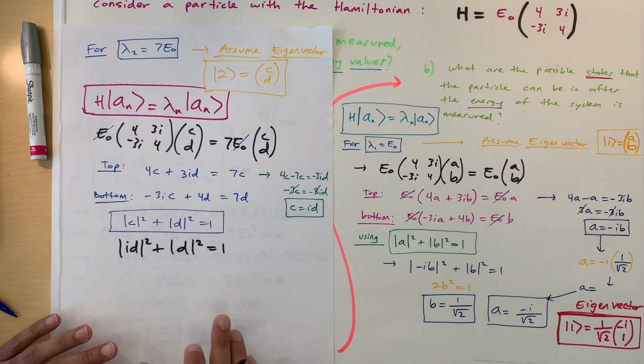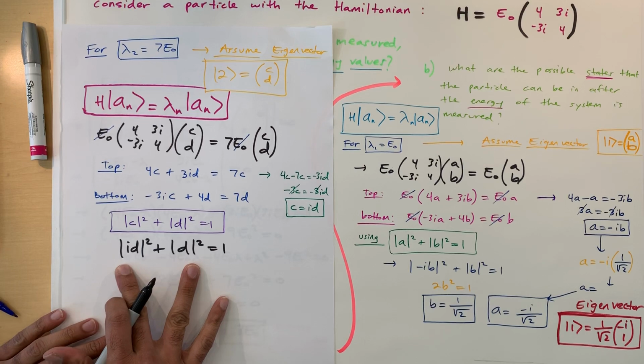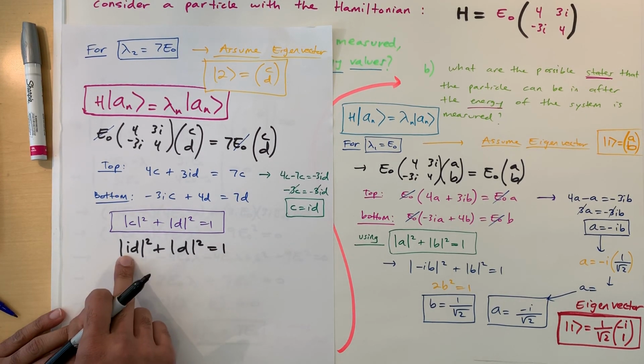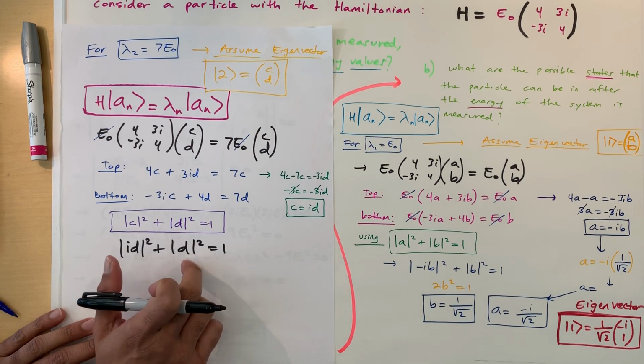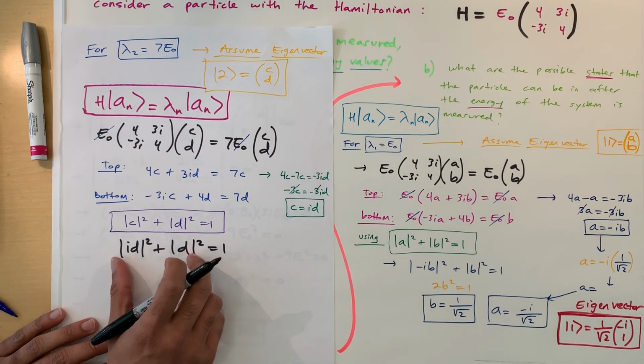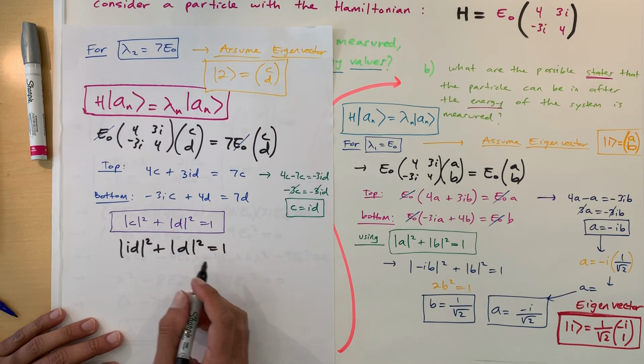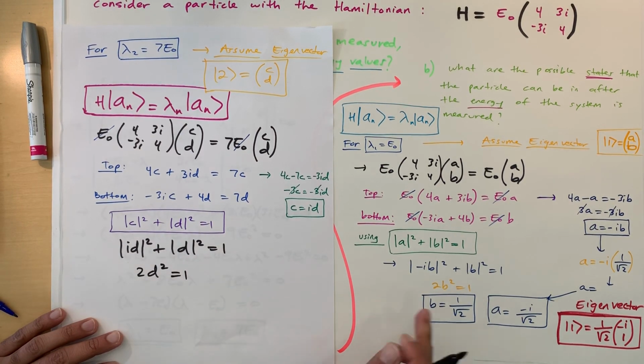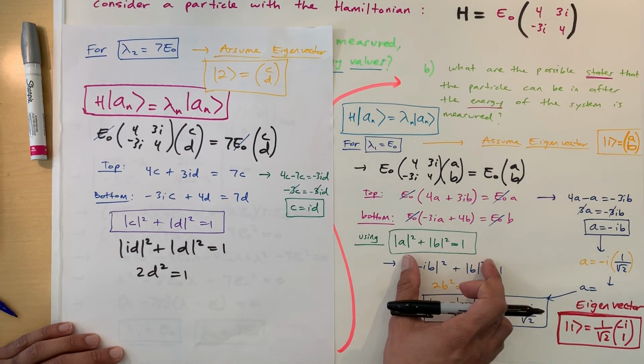Okay, and then you can see that i times i, we're going to have 2D squared, just like the other one. I wanted to say more, but really it's the same process.